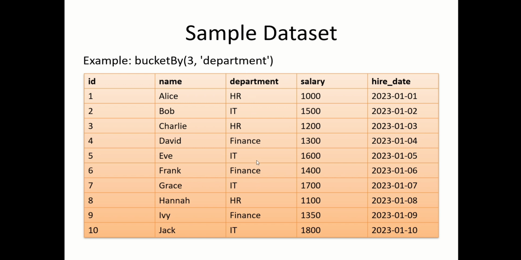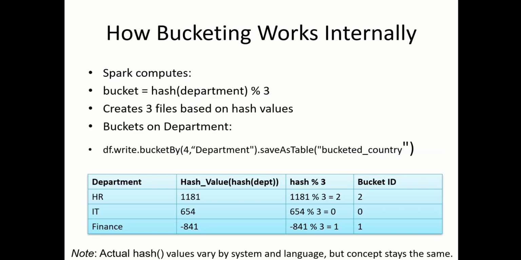So here we have the department column, and based on this we want to divide this data into 3 partitions. So we have HR, IT, and finance. So these 10 records will get divided into three partitions, and it will get written, I mean saved, in a particular location which I will specify while writing.